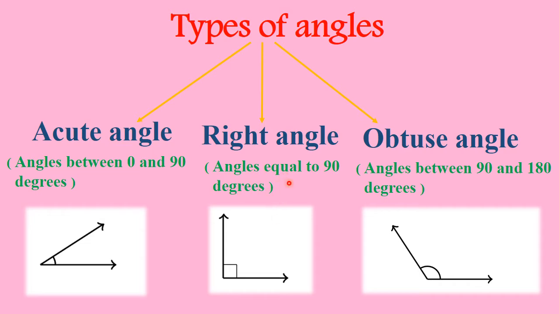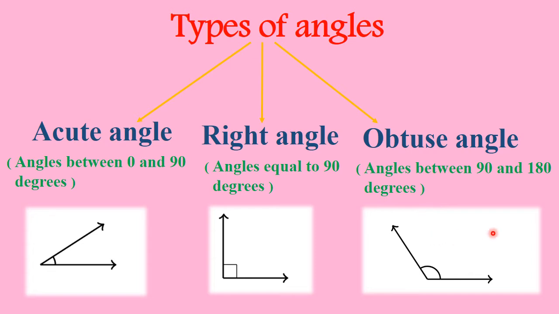Then what is a right angle? A right angle means exactly the size of the angle equals 90 degrees. If the size of an angle equals 90 degrees, that angle is known as a right angle. Then the obtuse angle. What is an obtuse angle?